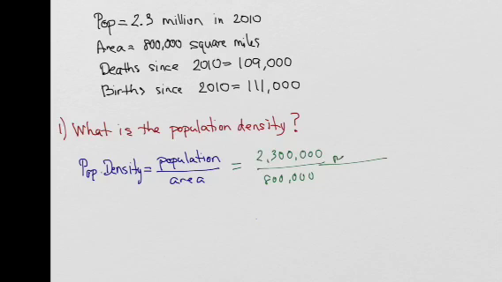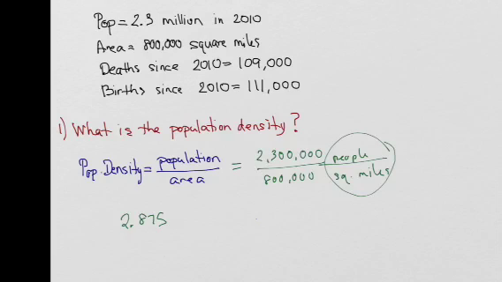We also need to look at the units of measurement. The 2.3 million was a number of people, and the 800,000 would be square miles. So if I divide 2.3 million by 800,000, I get a population density of 2.875.